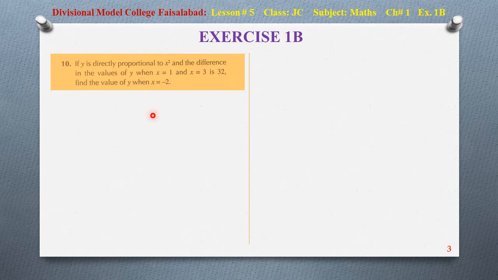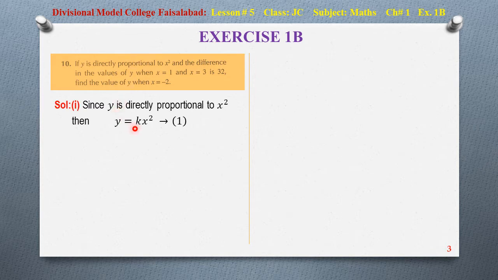In question number 10, again you are given that y is directly proportional to x square and the difference in the values of y when x is equal to 1 and x is equal to 3 is 32. So first we will write this statement in algebraic form like this: y is equal to k x square. Now you are asked to find two values of y, one when x is equal to 1 and other when x is equal to 3.